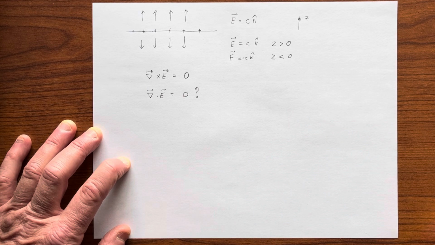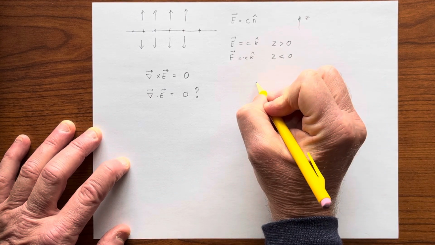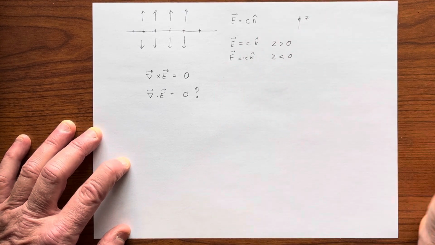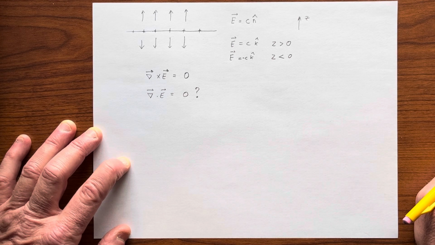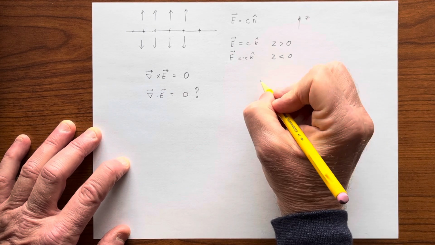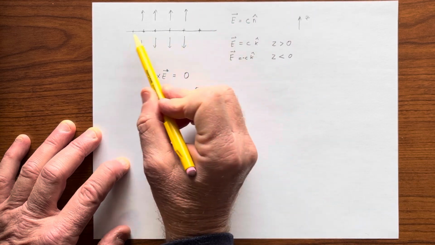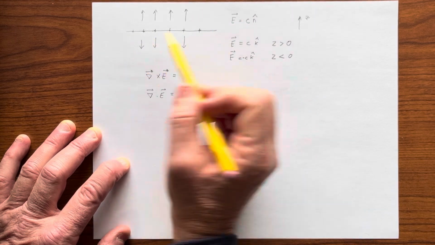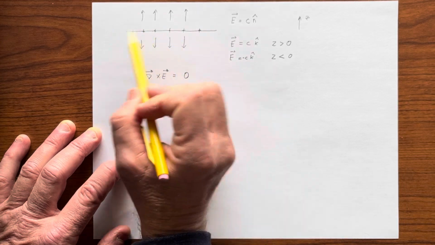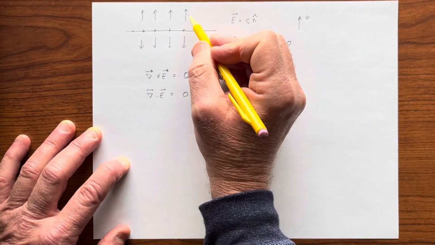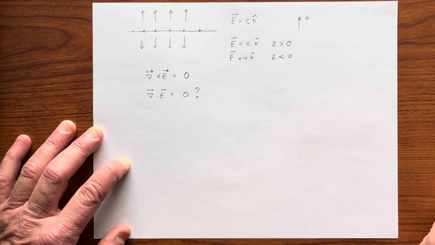And we're running into the same issue we had before for a point particle, right? The electric field of a point particle, it looked like the divergence was 0, but all the action happened at the particle. The same is true here. All the action is happening at the location of the charge, which is at this plane. So as we cross this plane, that's where all the action happens.